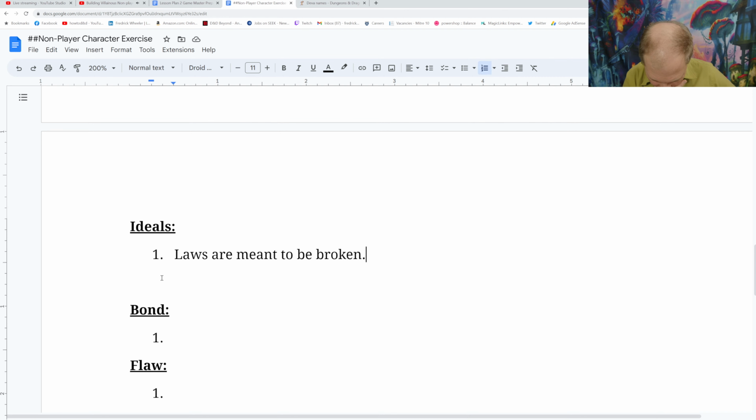Hashtag. Number 6, Bearded Axe got a 6. Let's put number 6 into the bond. Someone I love died because of a mistake I made. Okay, so that's actually interesting. We have a villain who has a little bit more going on.